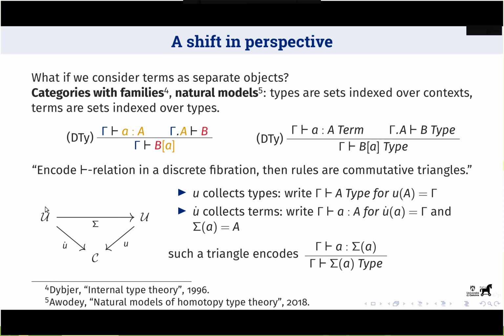Because we start from a judgment of this kind, and we get a judgment of this kind. I hope you can see my mouse, but the point is that if we have a term small a, then its type is itself in context gamma, because we ask of this triangle to be commutative. And this is the intuition behind both categories with families and natural models.